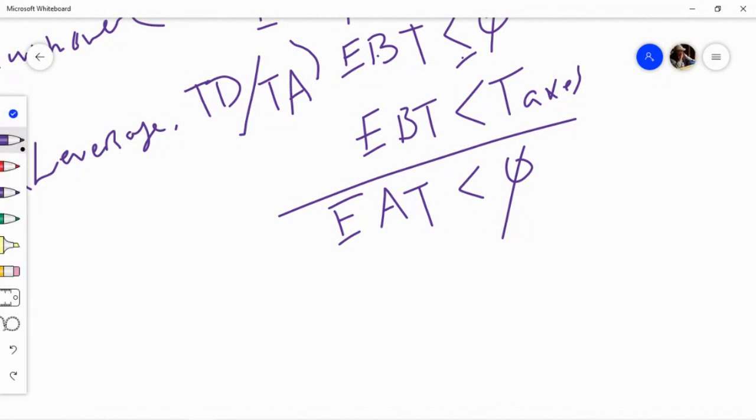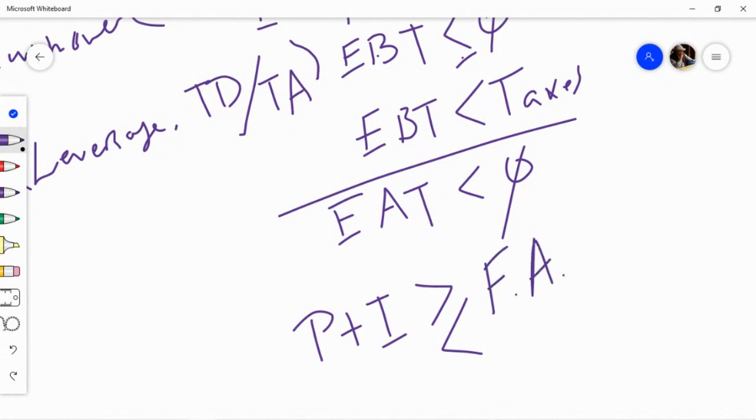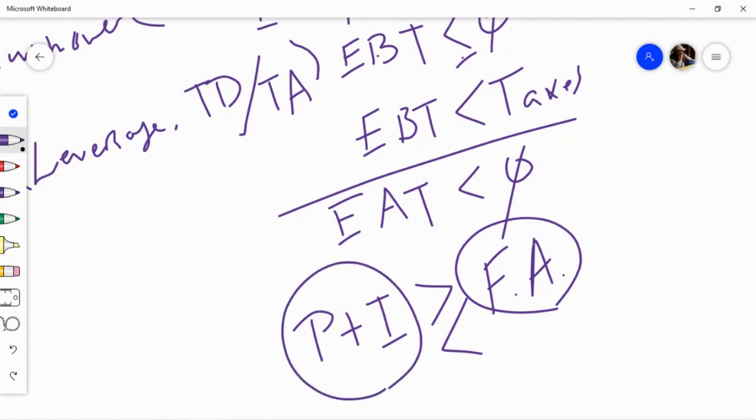The creditors will want to recover their principal and interest. The question is, if they liquidate all the fixed assets, their physical capital, is it greater than or less than the principal and interest?